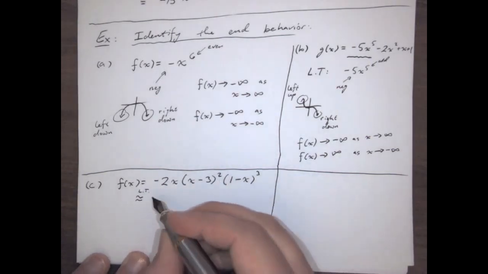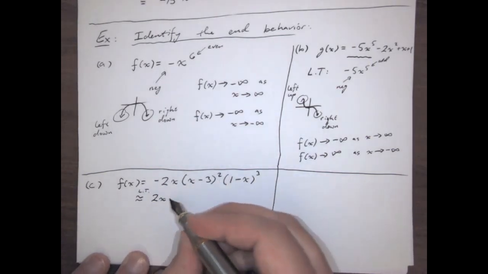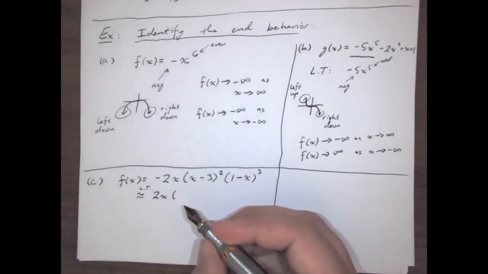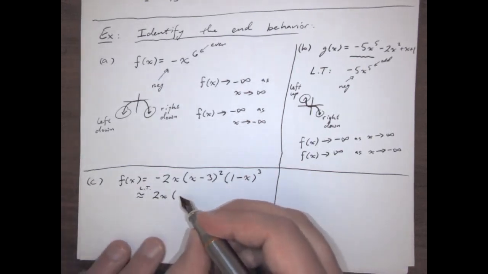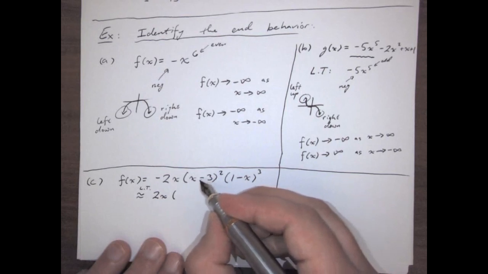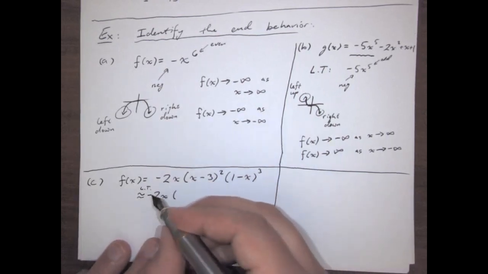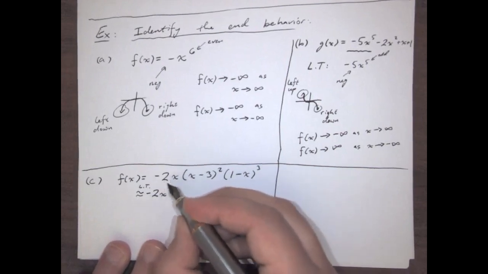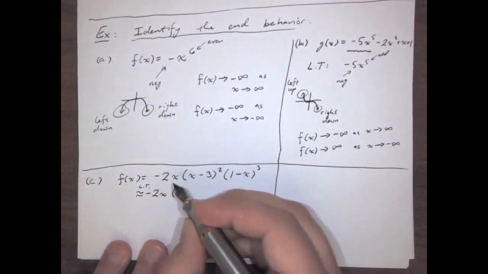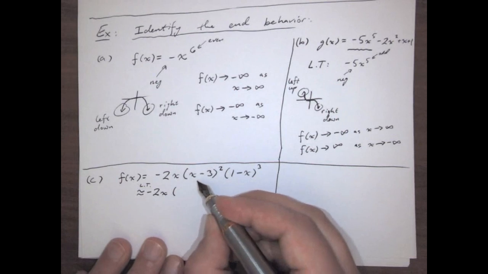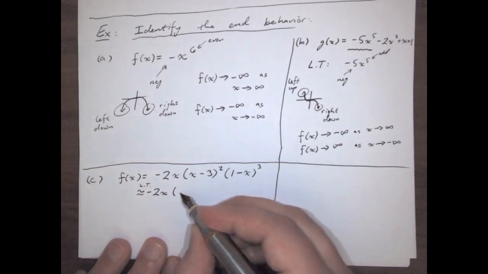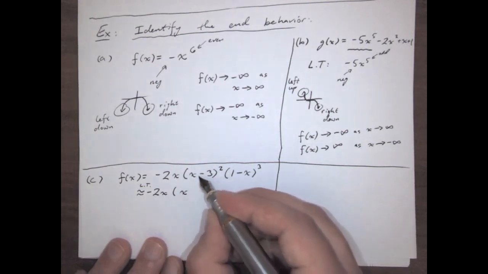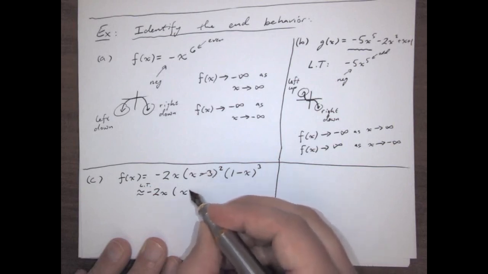So the leading term here, we just ignore within each factor everything that is not the leading term. So from this factor, yep, still negative. From this factor, there are no other terms, so there's only that one. However, from this factor, we do have a term to ignore. We don't care about that minus 3.